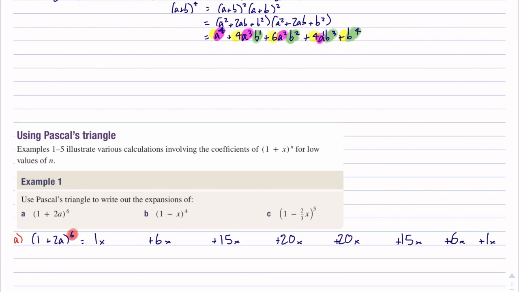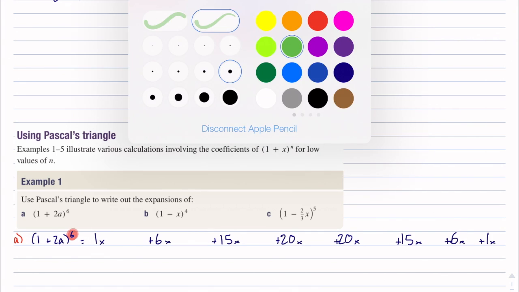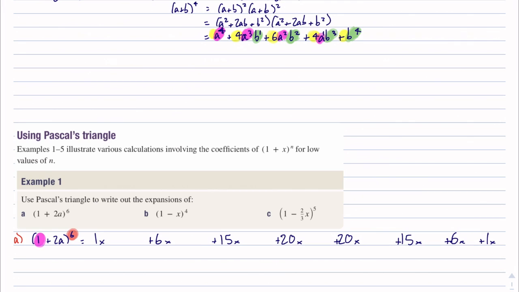Okay, I start off with the leftmost value. I'll do this in pink. So I start off with this 1. So here I've got 1 to the 6, 1 to the 5, 1 to the 4, 1 to the 3, 1 to the 2, 1 to the 1, and 1 to the 6, 5, 4, 3, 2, 1.